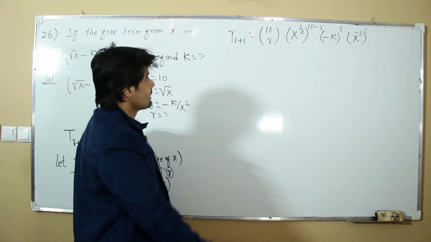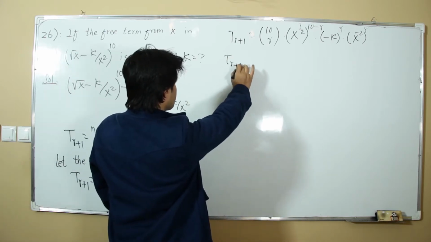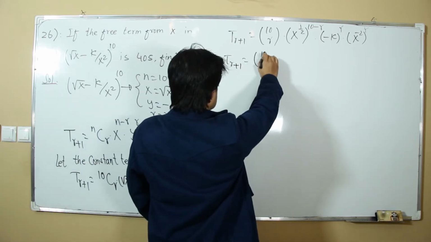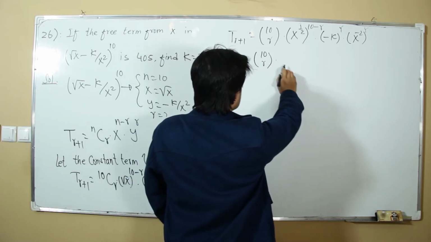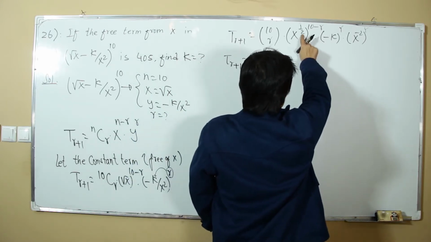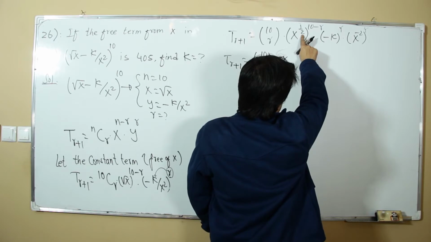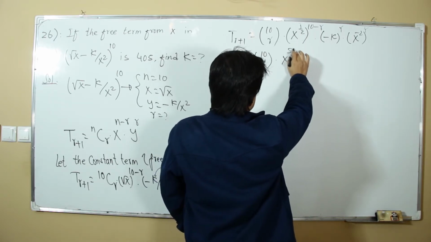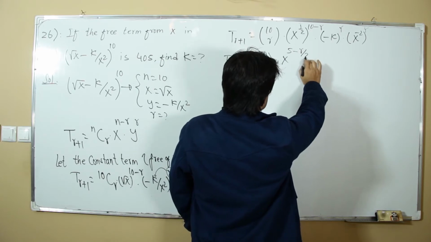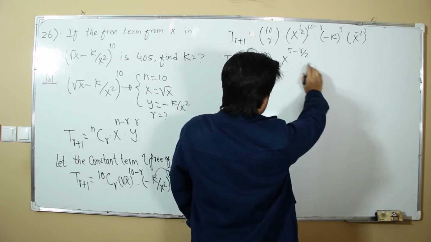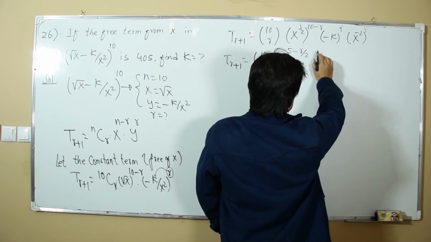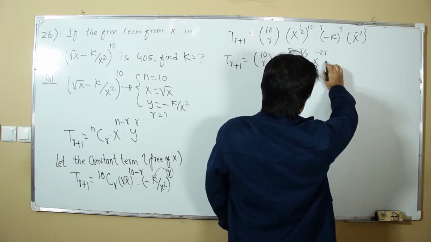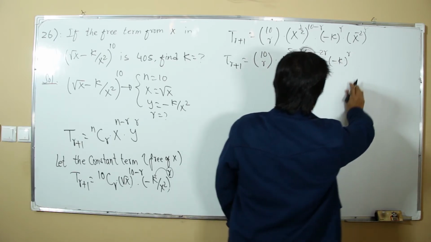Am I right? Yes. Then t(r plus 1) is 10Cr, x to the power 1 divided by 2 multiplied with this power, so we have 5 minus r divided by 2, times x to the power minus 2r, times minus k raised to the power r.